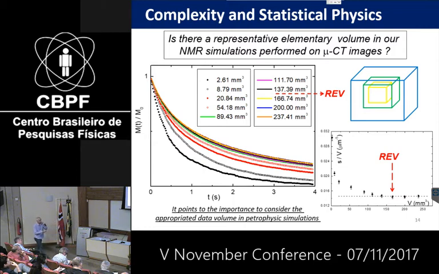And here, if you analyze our simulated data, you will see that this parameter starts to decrease and goes to the base value here, which for me represents that above this volume, you can be sure that the experimental value found from the analyzed system is representative of the whole system.